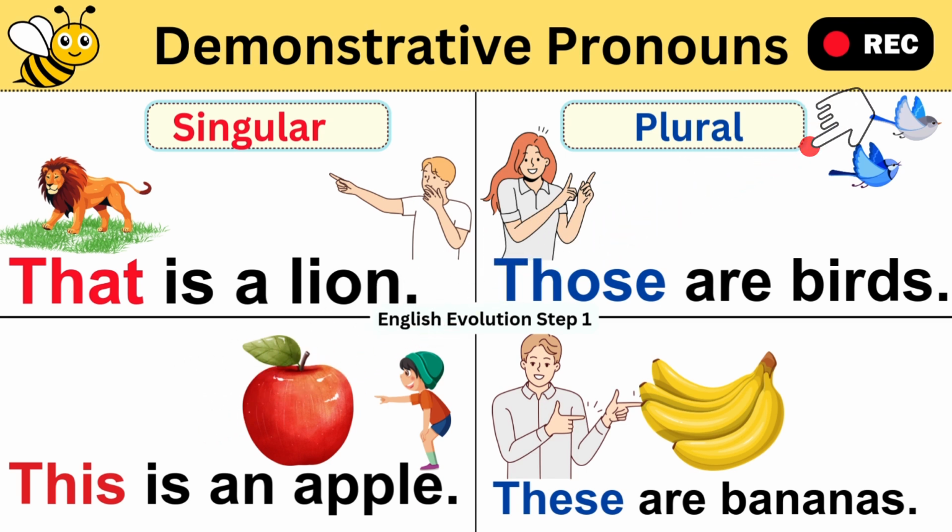Near in distance, plural. These are bananas. Far in distance, singular. That is a lion. Far in distance, plural. Those are birds.